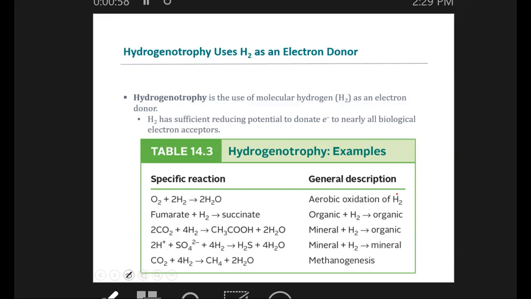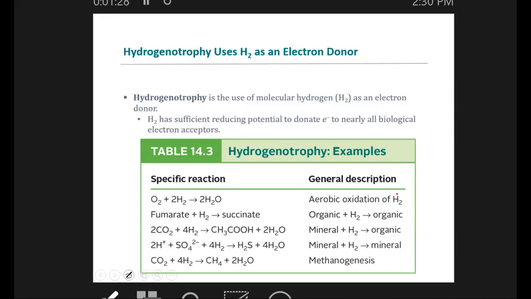And so there's going to be a lot of microbes in consortiums that are doing fermentation, and one of the favorite things that they like to do is give electrons off to protons, because they usually have a lot of protons around somewhere, and they can just give the electrons to a proton and end up making hydrogen gas, but they don't care about the hydrogen gas. It's the game they're playing for redox balance. So they get rid of that, and then a lithotrophic organism nearby says, I'll take that. That's my source of electrons.